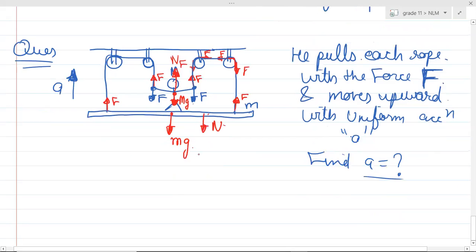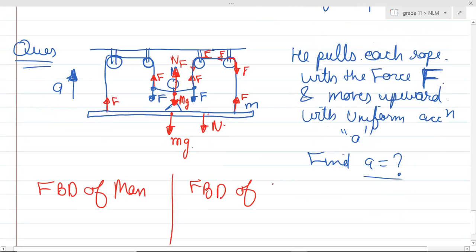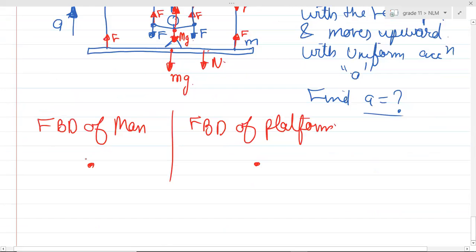So we just need to make the correct free body diagram of platform. What was the weight of the man and what was the weight of the platform? Both were acting down, so capital Mg and small mg.